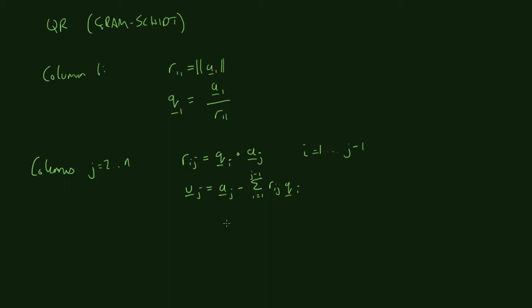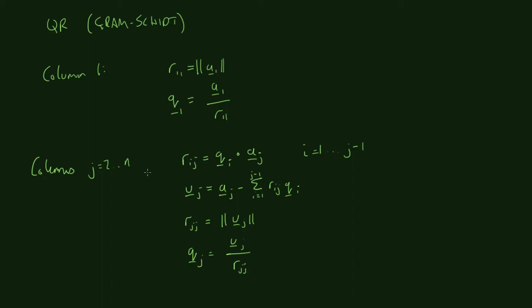This is subtracting all of that from our current vector A. Once we've done that, our Rjj, which is, remember, an element on the main diagonal of the upper triangular matrix, is the magnitude of uj, and finally qj is equal to that uj we just calculated divided by rjj.